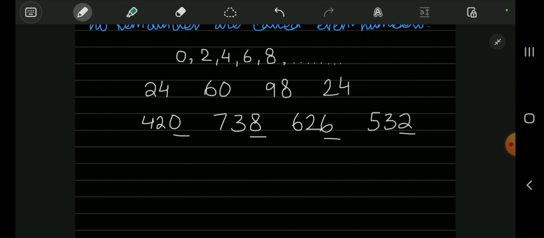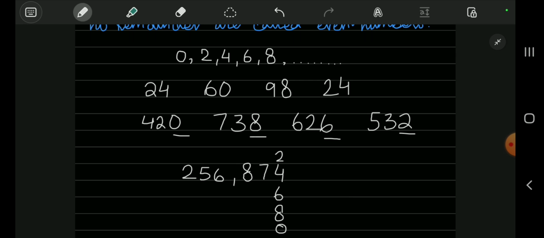Now I am taking a very big number. How can you identify that as an even number? Like 225,256,872. If it is ending with 2, 4, 6, 8 or 0, then it will be an even number.